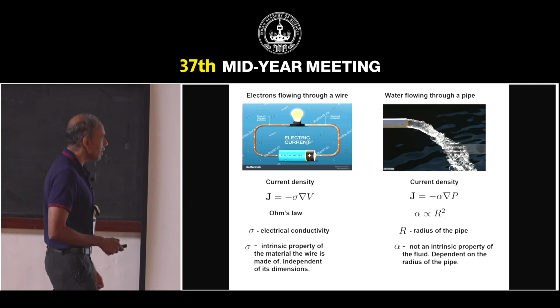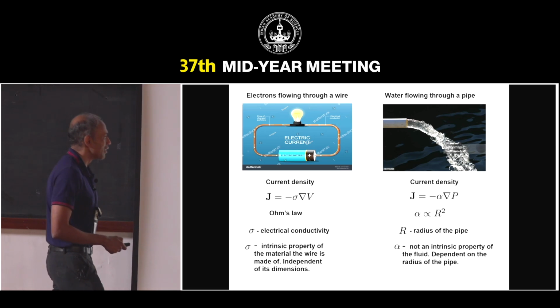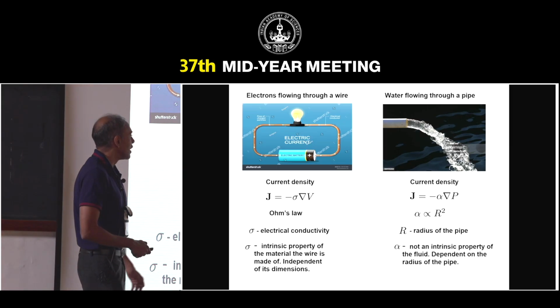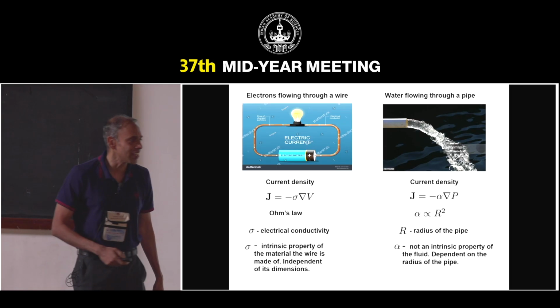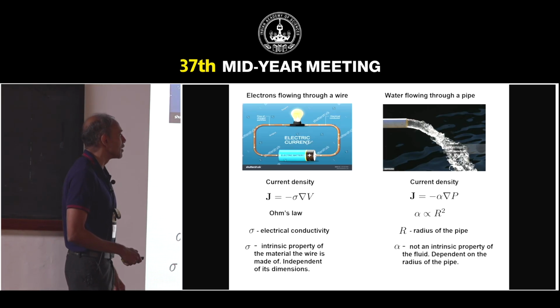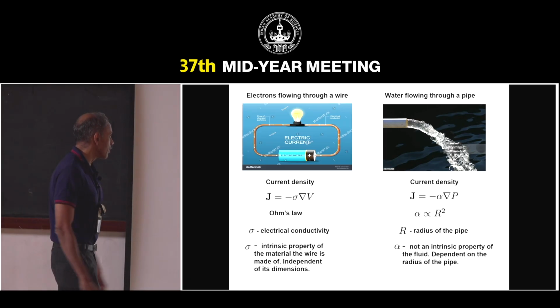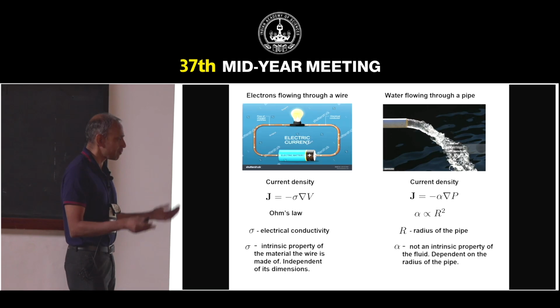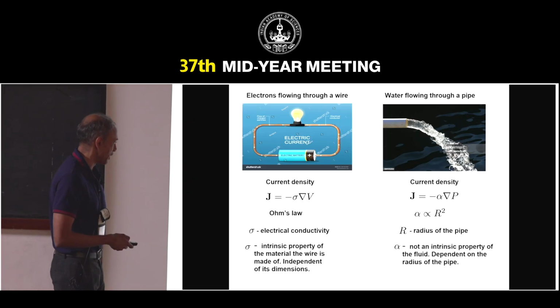Now, in the other case, there is a similar linear relationship between the current density and the pressure gradient, except that the constant of proportionality is not really intrinsic. It actually depends on the dimensions of the pipe, in particular it is proportional to the square of the radius of the pipe. And the other quantities are intrinsic to the fluid that's flowing, water in this case.